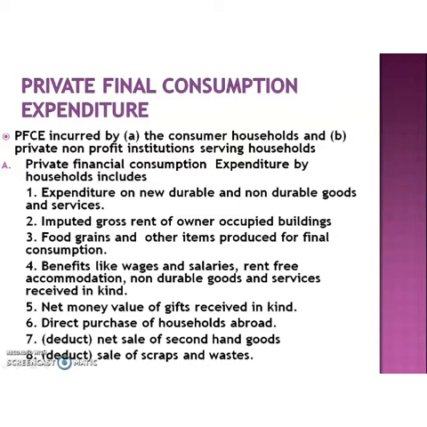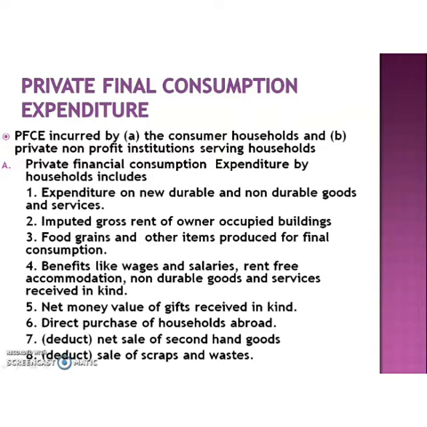Then benefits like wages and salaries, rent-free accommodation, non-durable goods and services received in kind. Then the next, net money value of gifts received in kind, direct purchase of households abroad, and also deduct net sale of second-hand goods, and also deduct sale of scraps and wastes.